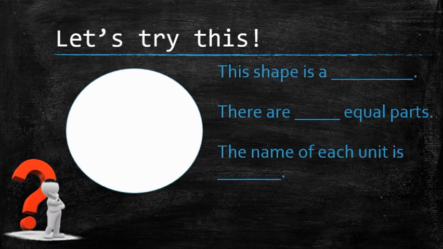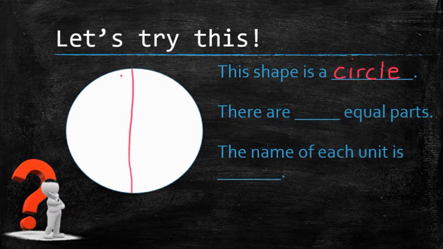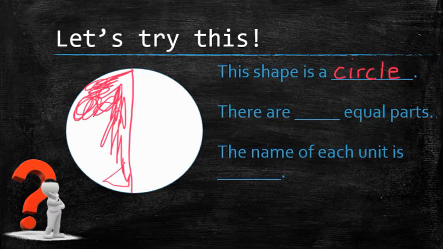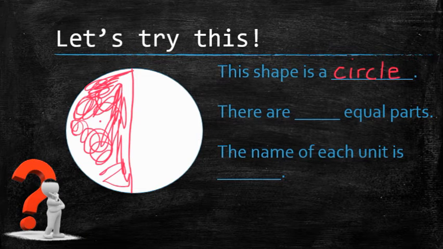Okay, so let's try this. This shape is, of course, a circle. Okay, and we're going to draw a line right down the middle, just like we did with our pizza, right? And let's say we're going to shade in. Okay, and I know you're going to do a really nice job shading in that part.